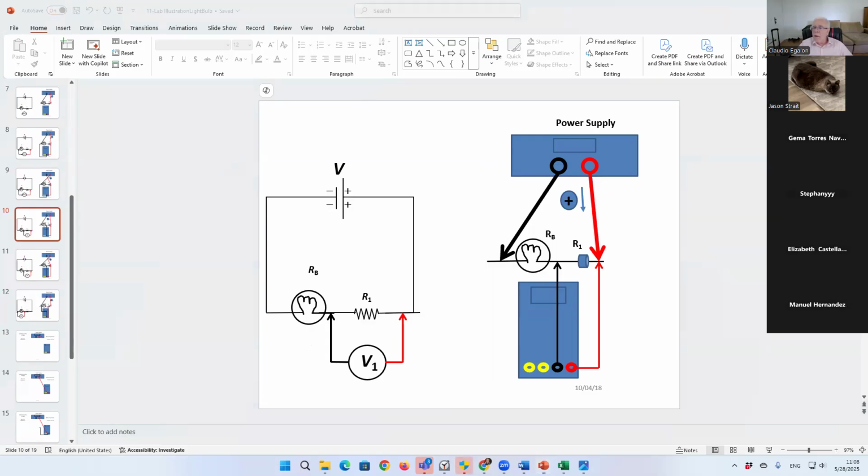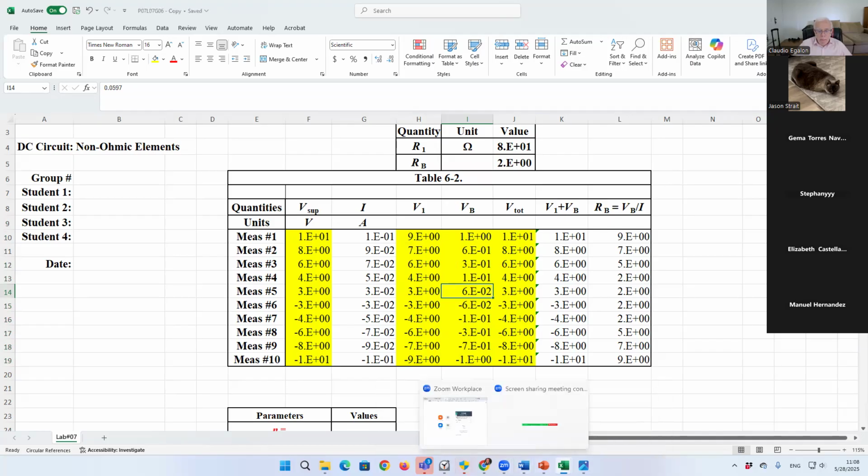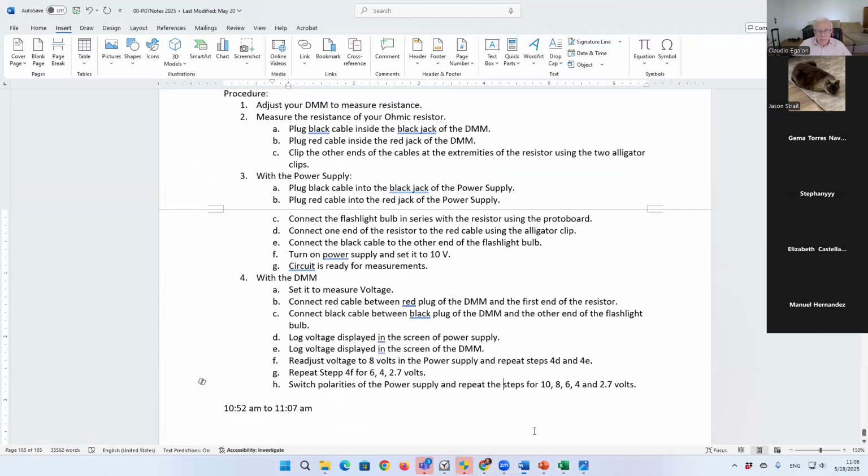Benjamin Cabajal, here you go. The instructions are the same, and I'm going to highlight what is data and what is result. Okay, we're measuring.